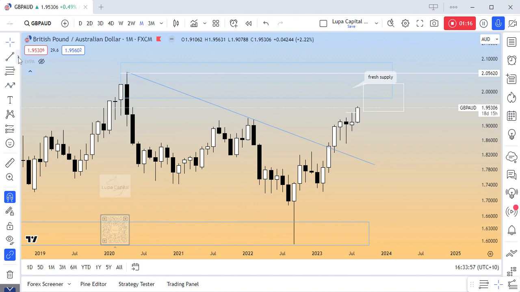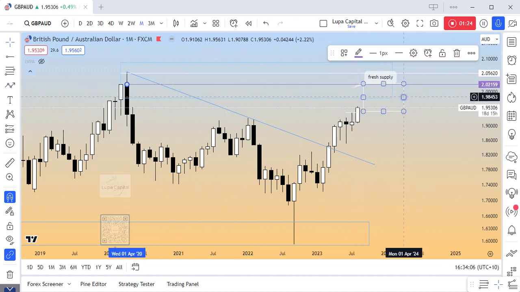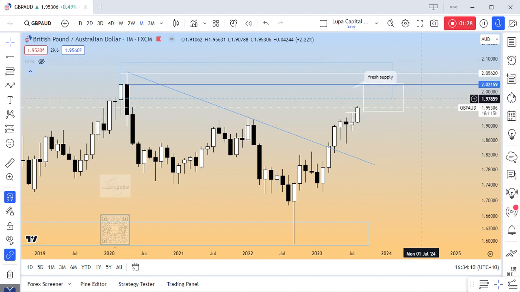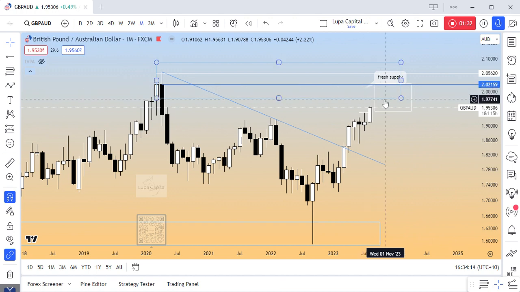Now, a great level for your profit taking will be a solid $2, and also this perfect line here at 202. That will chart that into a monthly line, horizontal line, which is perfect. That would be a great target for your fresh supply.